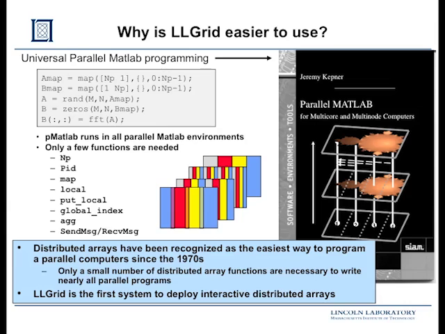So we have this thing called Parallel Matlab. If you're an LLGrid user, you almost always get the book on Parallel Matlab, and it allows you to take things like matrices and chop them up very easily to do complicated calculations. Almost every single parallel program that you would want to write can be written with just the addition of a handful of additional functions.